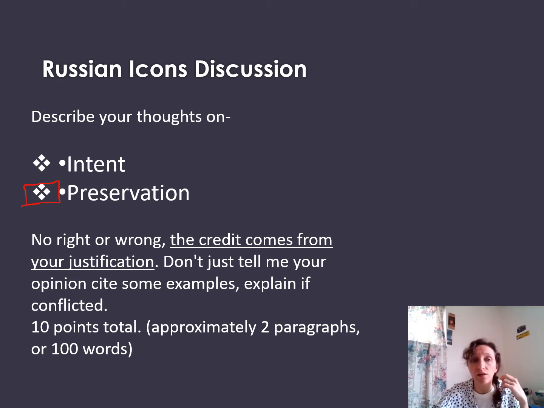Or should we let the intention of the object change and grow, right? Taking these objects out, which could potentially destroy them, is part of their intention. It's part of their process and what they are. So I really wish we were all in class together. But there's no right or wrong to this. And if you are conflicted about it, that's okay.